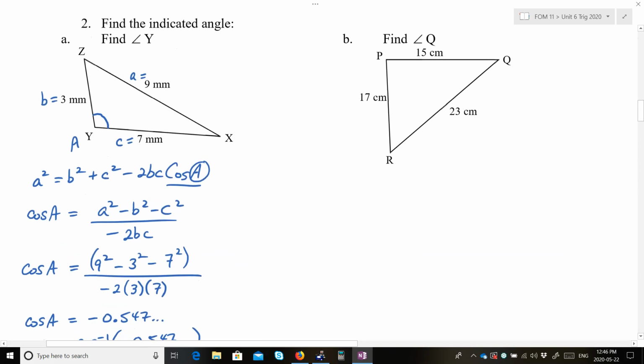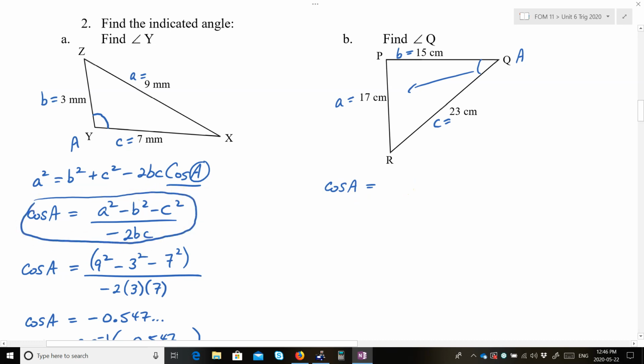Good, let's try letter B. They want us to find angle Q, so we make that A, and across from A is little a. So this one can be B, and this one can be C, or vice versa. And remember, since we want to get the angle, the formula for cos A is this one: a squared minus b squared minus c squared divided by negative 2bc.